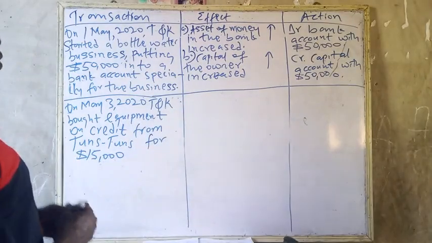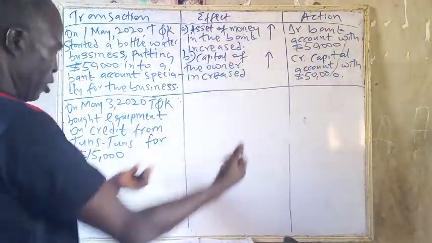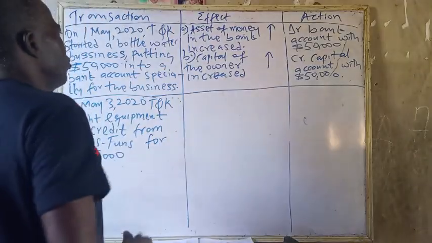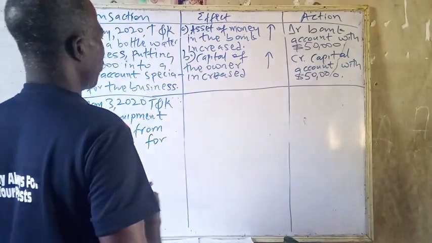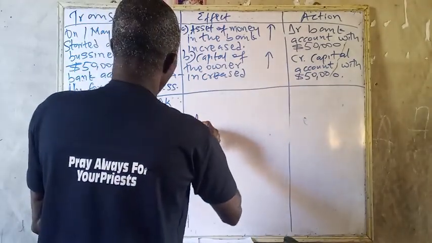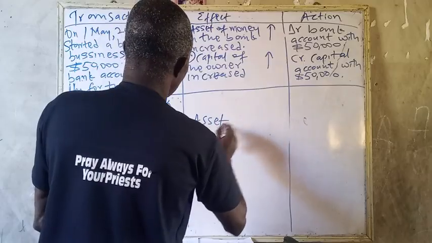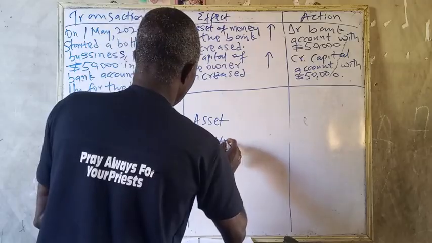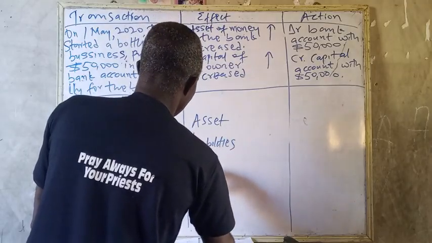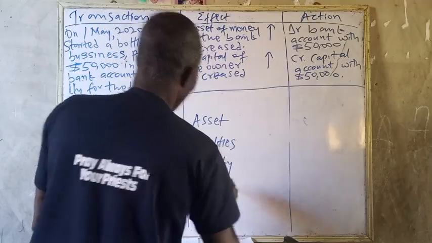$15,000. I will continue. Like I said, we are going to cover liability, asset, and equity. Assets, liability, and equity.